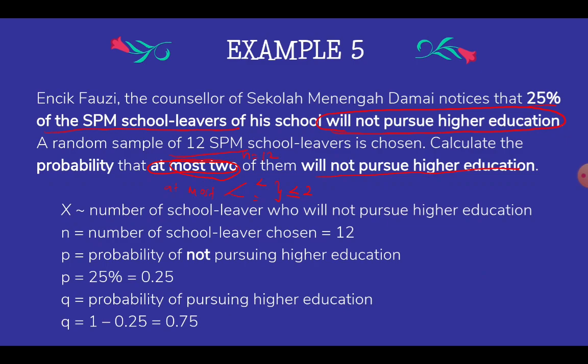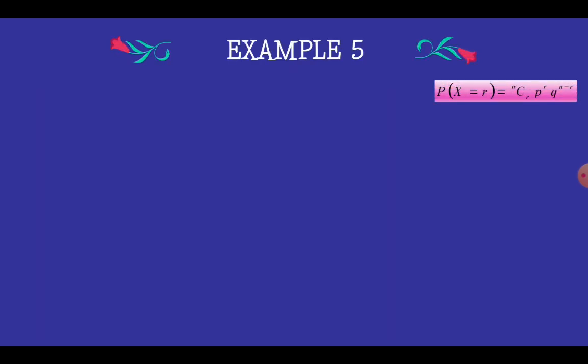P, probability of not pursuing higher education, in this case 25% represents 0.25. And Q is the probability of pursuing higher education. So, our Q probability is 0.75. Okay, since we are talking about finding the probability, that is our formula.